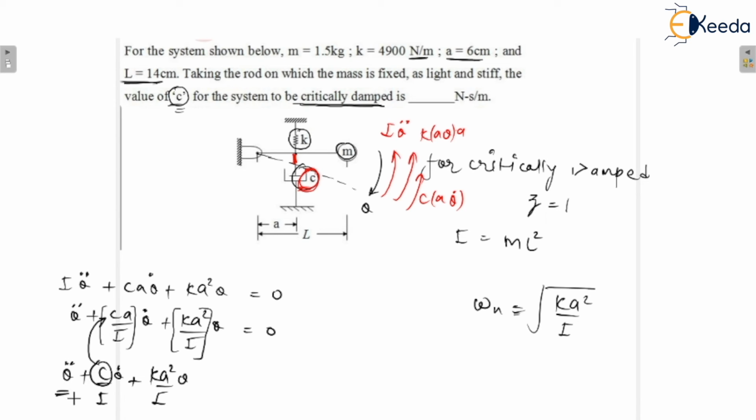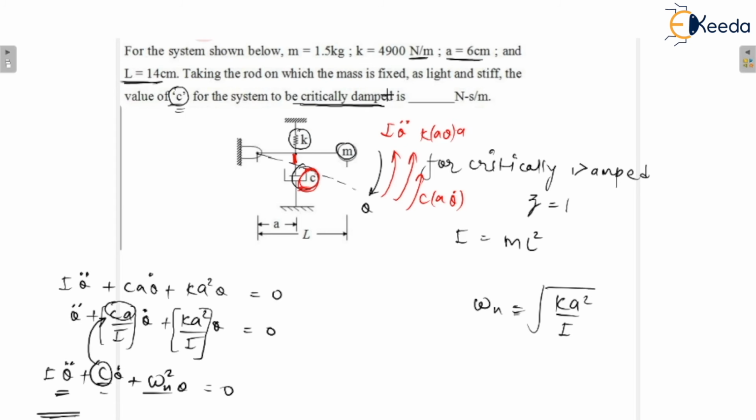This is the general equation. If you are not able to understand, let us assume that it is omega n square theta. So this capital C would be equal to Ca.